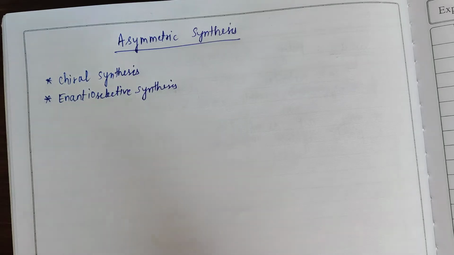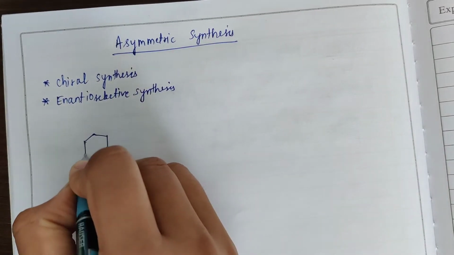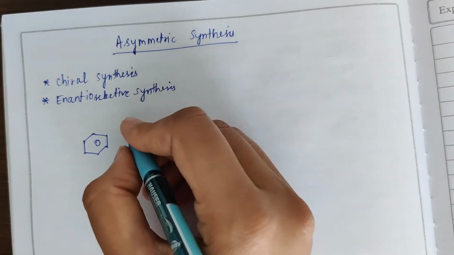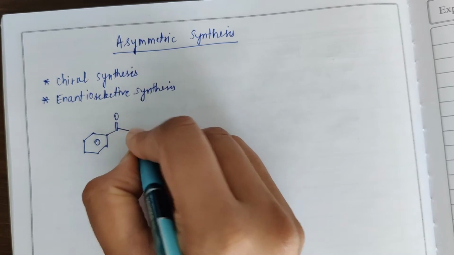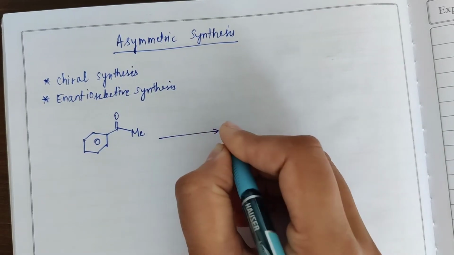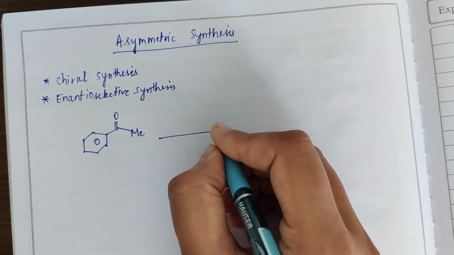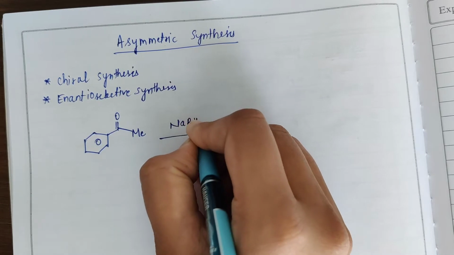Okay, so generally when there is no stereoselectivity, or there is no preferable formation of any one particular enantiomer or diastereomer, in that case equal amounts of enantiomers or diastereomers are formed.